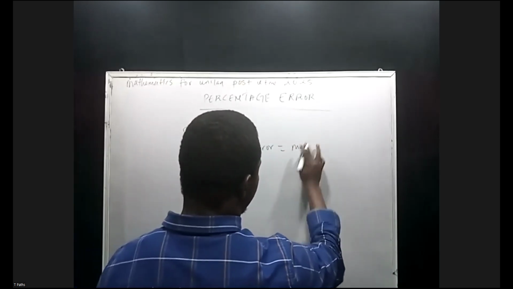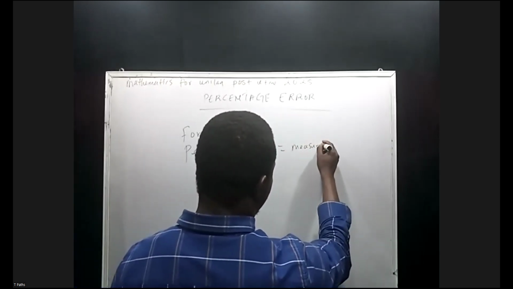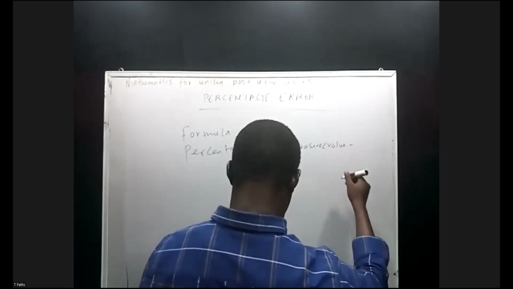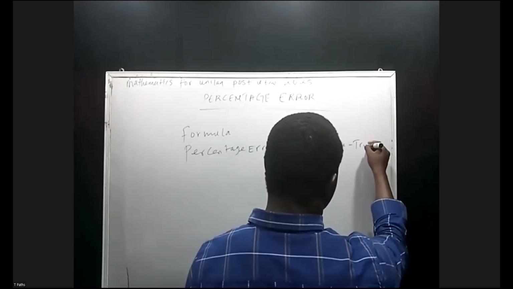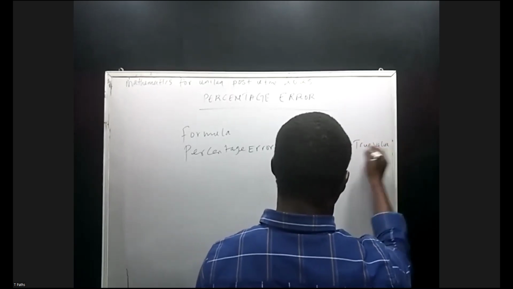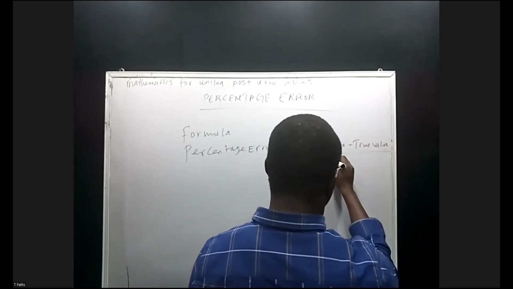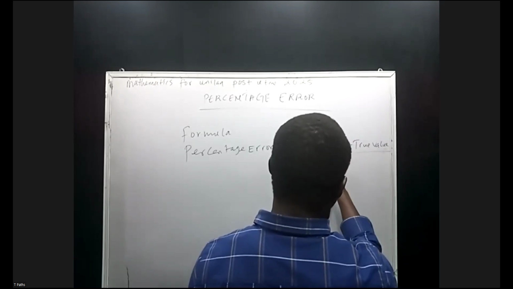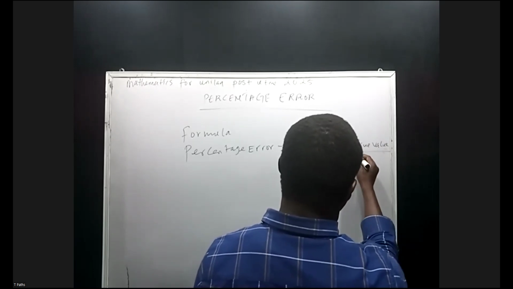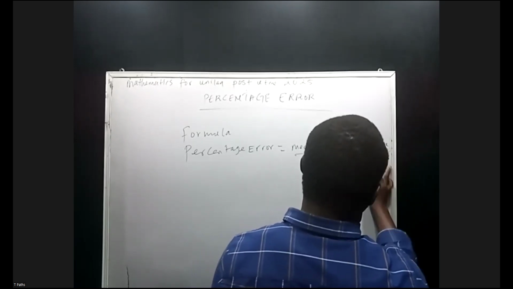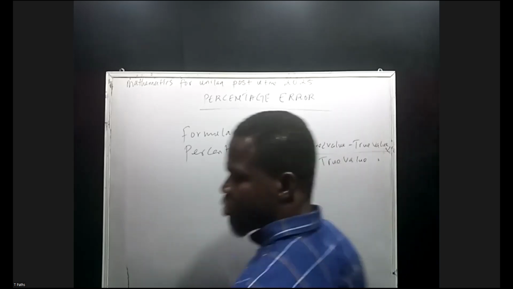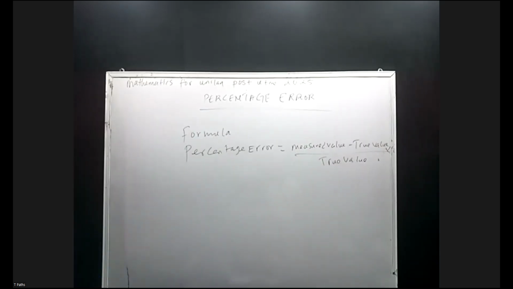Measured value minus true value, over true value, times 100. Sorry, I'm making a mistake. Times 100.